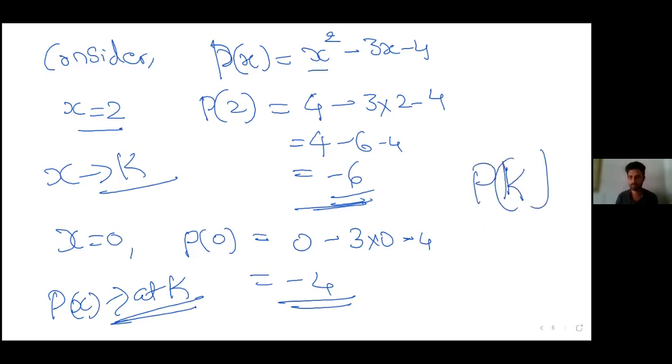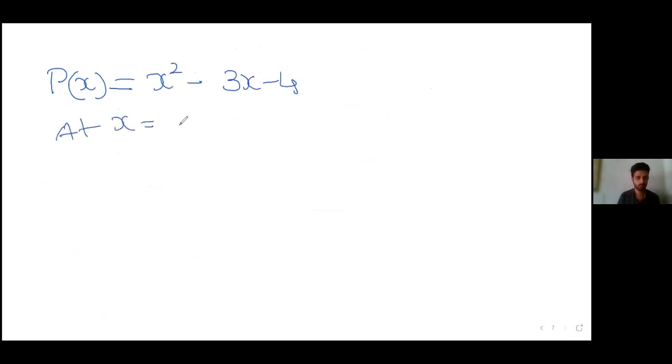That means here p of x, we have x square minus 3x minus 4. Then at x is equal to minus 1, that means I write p of minus 1. So what is the value of this?